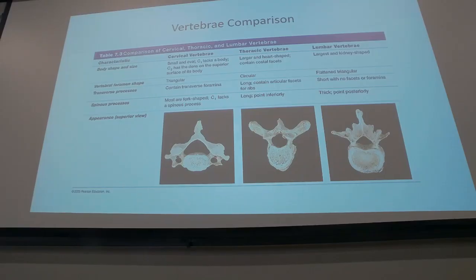It's called the transverse costal facet. The body also has costal facets in the upper and lower edge, and these help the head of the ribs to articulate there. These are the only vertebrae that have costal facets, because the thoracic area is where we have ribs that articulate with them.